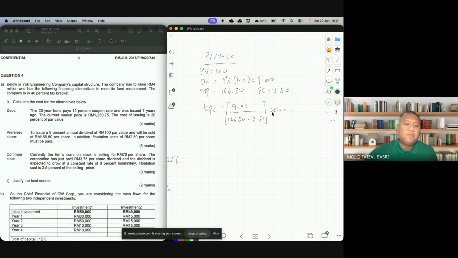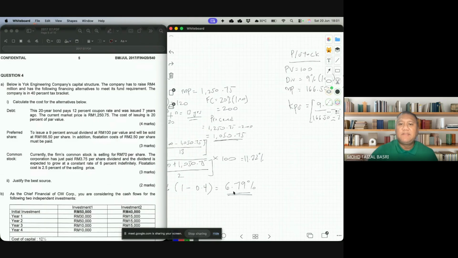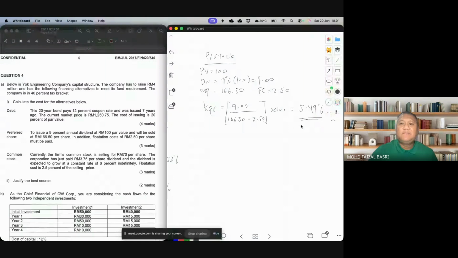So you get 5.49%. Okay, 5.49. Tadi 6.79. For PS is 5.49%. Okay, so faster lah kita nak calculate preferred stocks. In this case, 5.49%. And we have one more. So ni dah 3 markah, 3 marks.